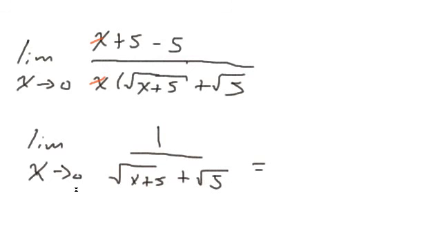Then we do the direct substitution, plugging 0 in, and we end up with 1 over 2 times the square root of 5. Woo! I had to hurry up. I didn't have much time left. You can get this radical out of the bottom if you want, but I'm going to leave it just like that. So that should be our final answer on that one.